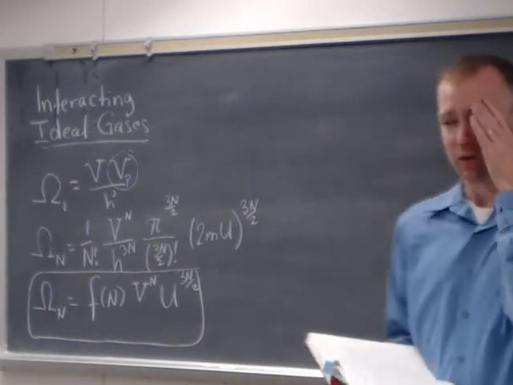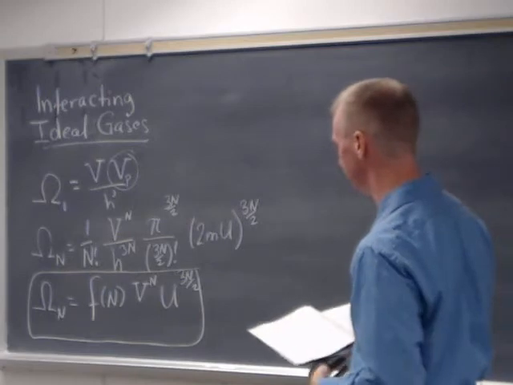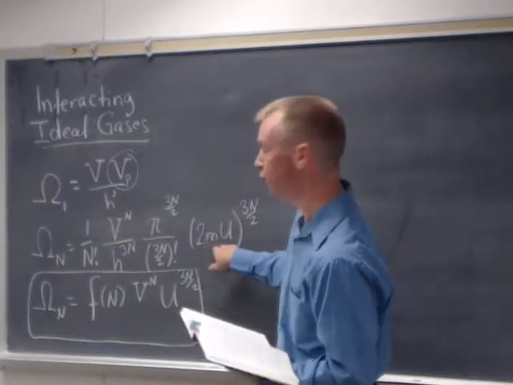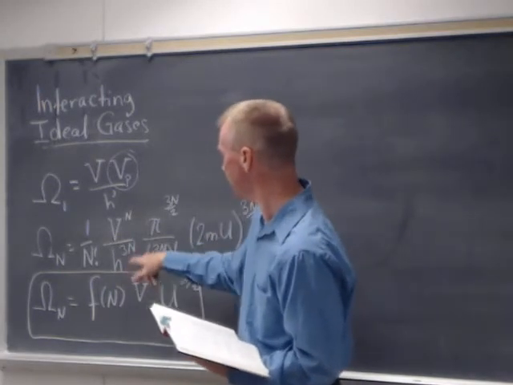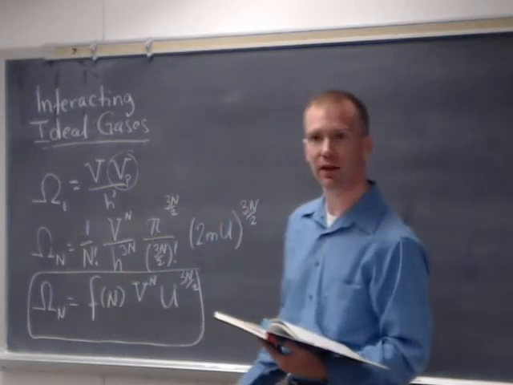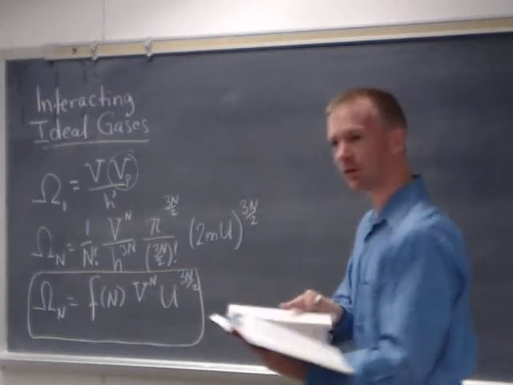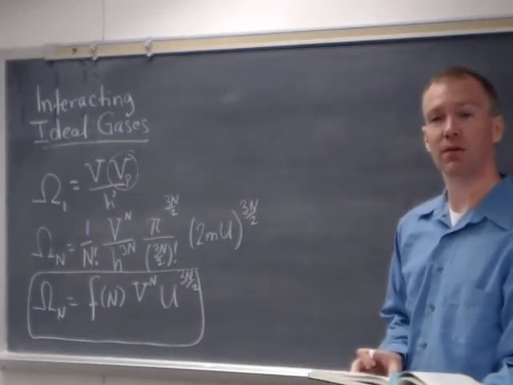Okay, and that's good enough to describe the functional dependence on what we're interested in. All of the other constants, like 2m here and h to the 3N and pi, fall into that function there. I like how the book puts it, where f is a complicated function of N.